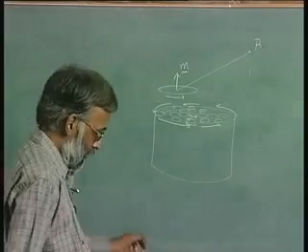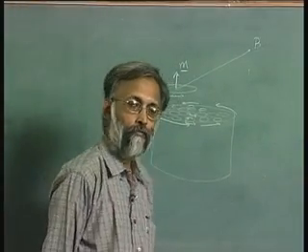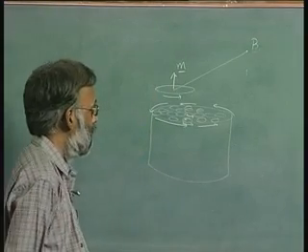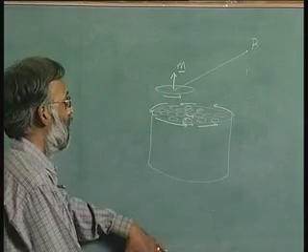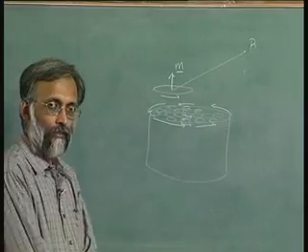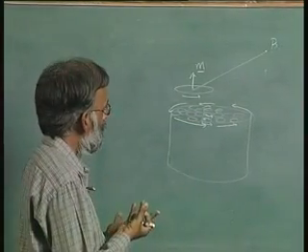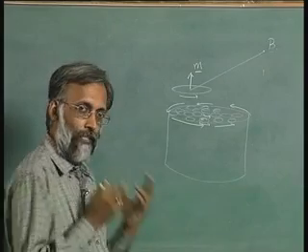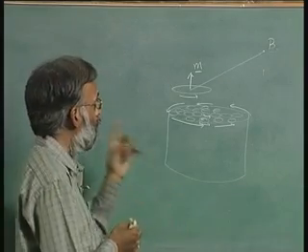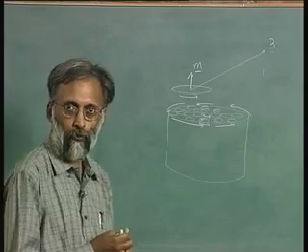Now, let us take this one step further. Let us suppose we had a material, the material has atoms with net spin, and in the presence of a magnetic field, what does such a spin do?